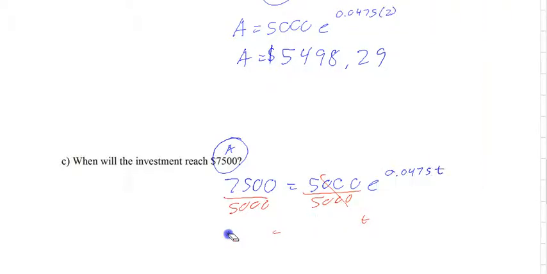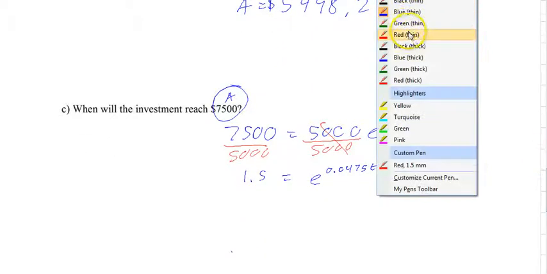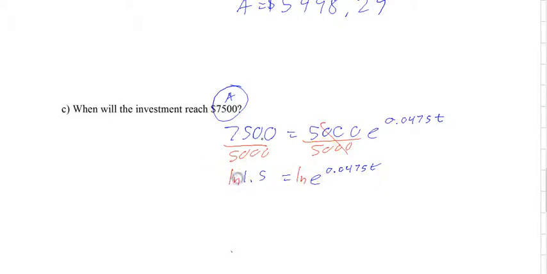Right, and then now we can natural log each side. Just like before, the natural log of e is 1. And then divide it. And that gives us 8.54 years. So it'll take 8.5 years basically to get to $7,500 if we invest 5,000.